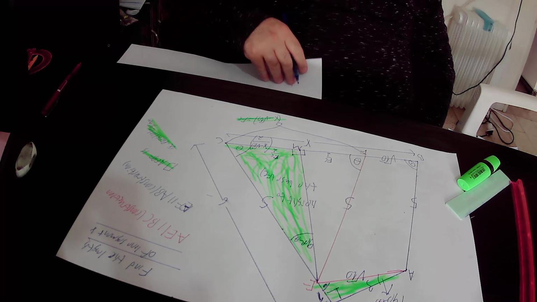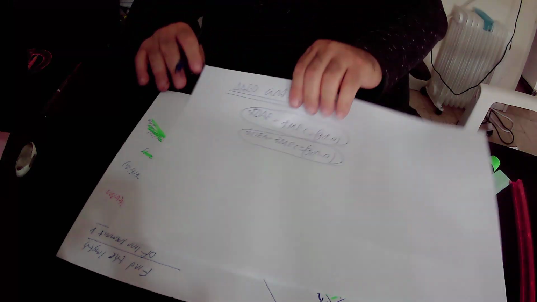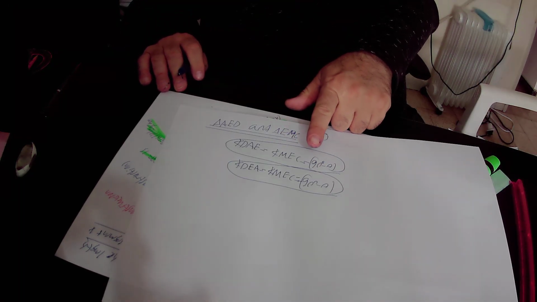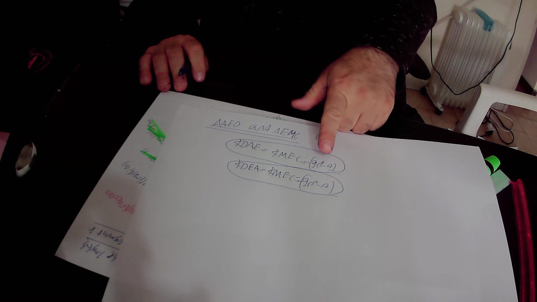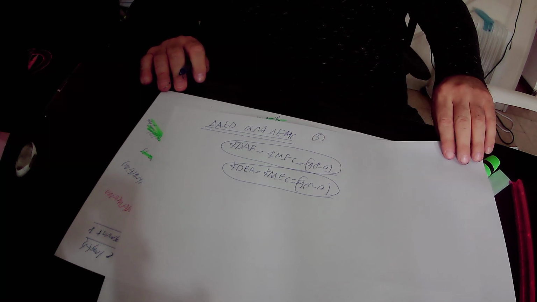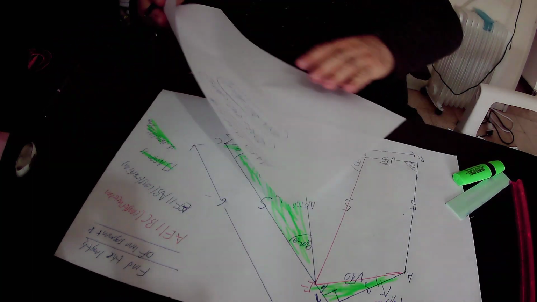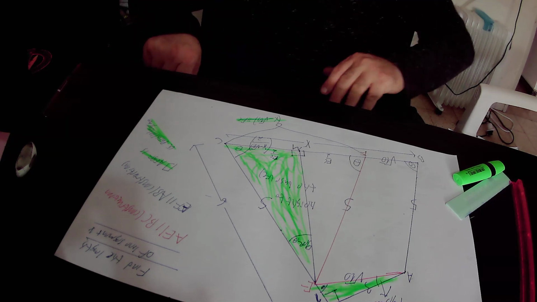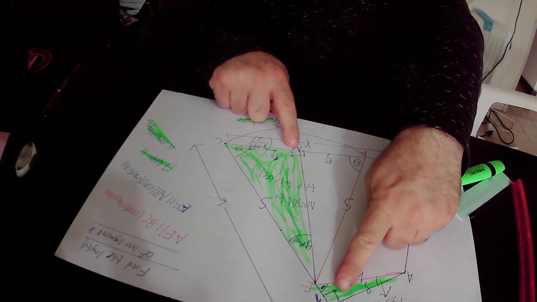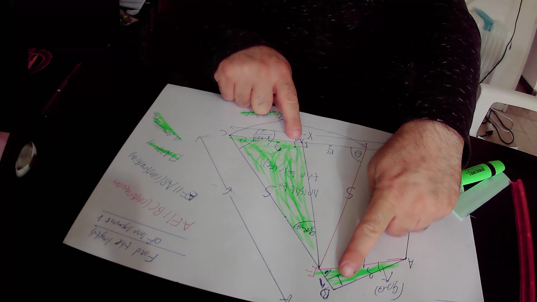I'll repeat again. Angle DEA equals angle MEC, and both angles are equal to 90 degrees minus theta. And finally, those two angles are both equal to 90 degrees, therefore they are equal to each other.